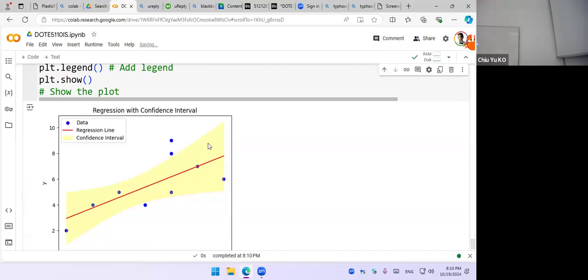Is that clear what we're doing? Because this is what the Hong Kong Observatory is doing. They tell you that this is where the typhoon goes, and this is the range of the possible ones. Is that clear? Is that okay?